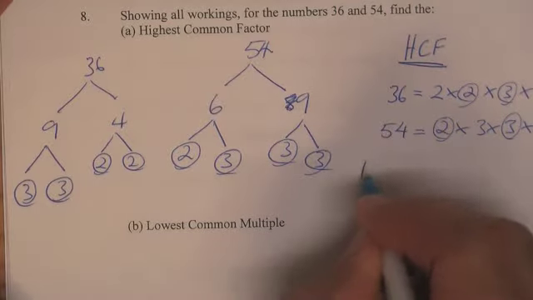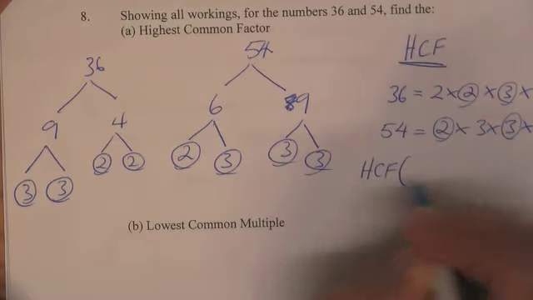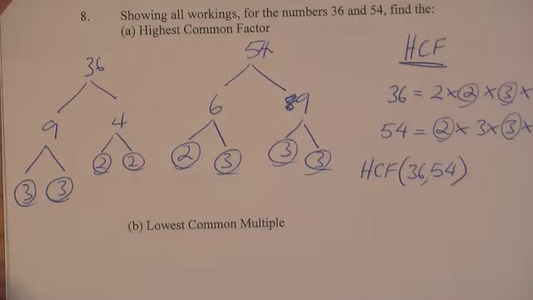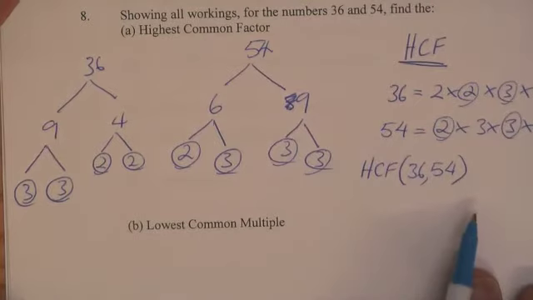So then I write the highest common factor. I'm being a bit technical and fancy here, as long as you've got the right answer. But these are difficult numbers. Listing out the factors, you'd have to list all the factors of 36, then all the factors of 54. Really, it's better to use the factor trees like this.